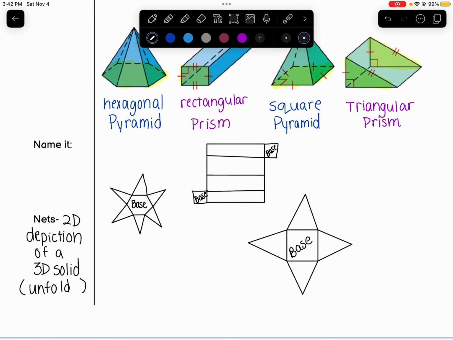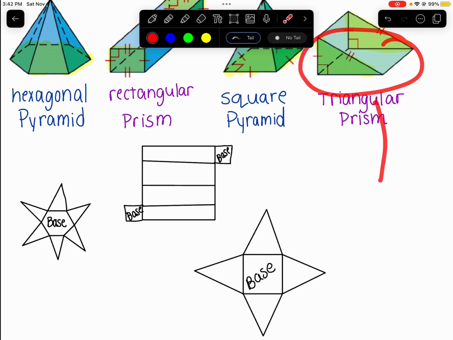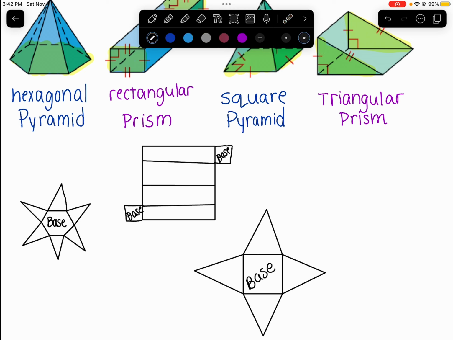And our last shape, we're going to draw the net of our triangular prism. If I were to unfold this triangular prism, we're going to have 3 rectangles and 2 triangles, a total of 5 faces. And so we can draw one skinny long rectangle for all 3 of our lateral faces.